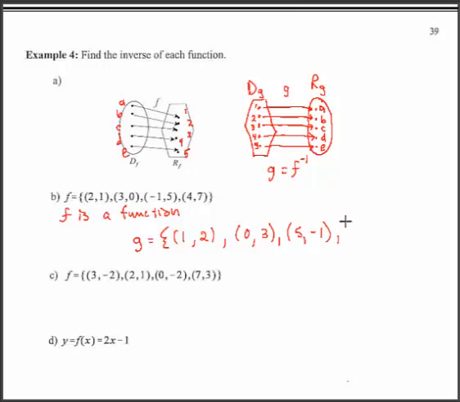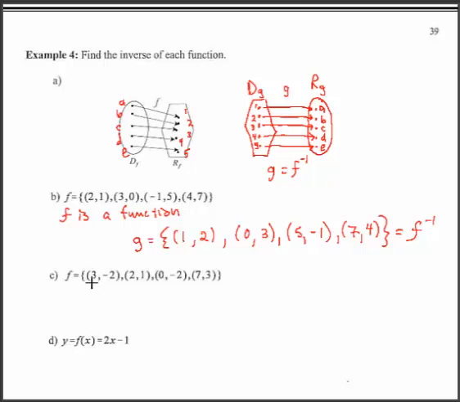And 4, 7 would become 7, 4. Now we look at G and we say, well, do any of these inputs repeat? 1, 0, 5, 7. None of the inputs for G repeat, so G is equal to F inverse.